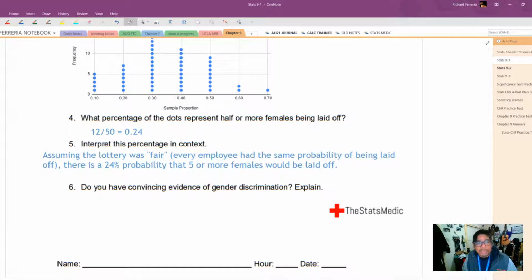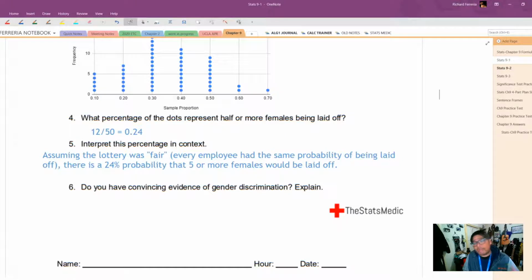Now, remember what we said. Things get very suspect if that number is less than 5%. That would mean that if the lottery was fair and an event that only had a 5% or less probability of occurring did occur, then we would say, well, that's fishy. Something happened there.